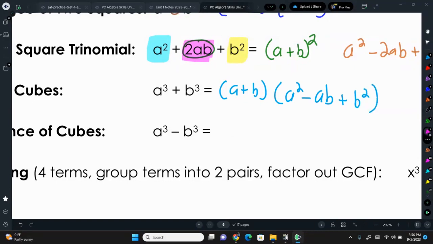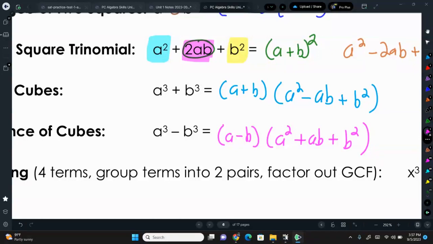And then for minus, a cubed minus b cubed is (a minus b) times (a squared plus ab plus b squared). It is a bit confusing because both of them have two pluses and a minus. They're just in different locations. Again, the more you use them, the better you will be at recognizing these patterns.